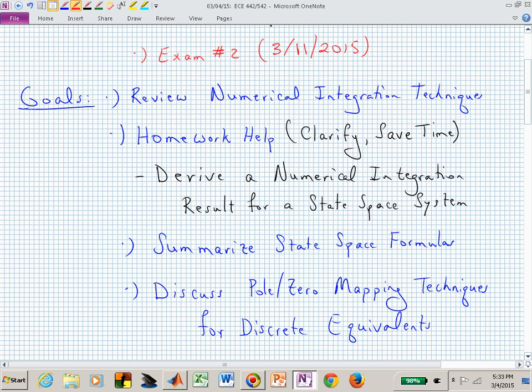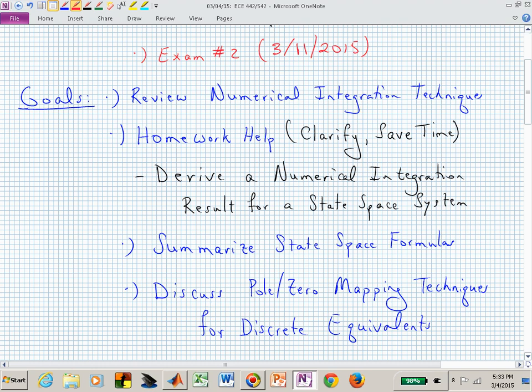Then you will spend a little time working on homework number 4, problem number 5, to help you clarify and save time in the long run. Instead of struggling all weekend trying to do homework problem number 5, let's see if we can solve that today.